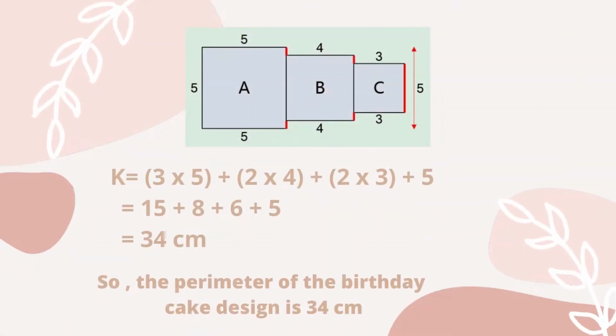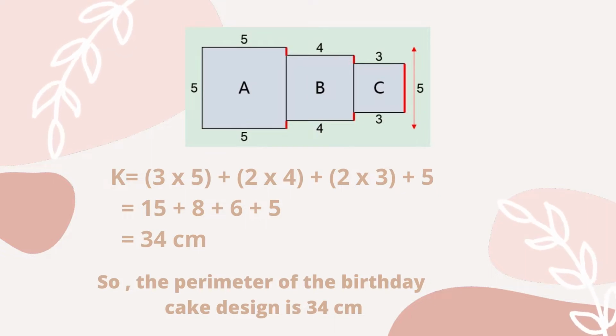Now we already know all sides of this design and we can describe it like these pictures. As we talked about earlier, if we want to surround a square, then it means we go around all the sides. So if we want to find the perimeter of the design, we have to add up all the sides.